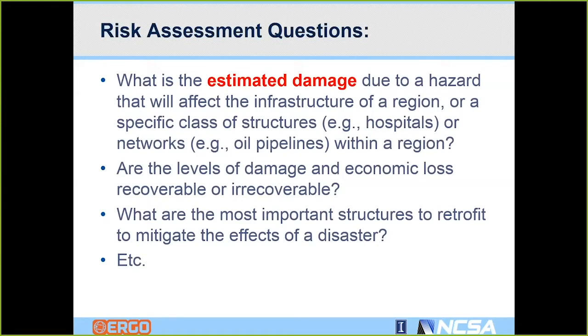It can also help answer questions like, are the levels of damage and economic loss something that the community can recover from? Or maybe what is the most important structure to retrofit in that region? For example, maybe there's a particular bridge that crosses a major river, and that may be more important to the community after a disaster than other bridges that have less significant crossings.